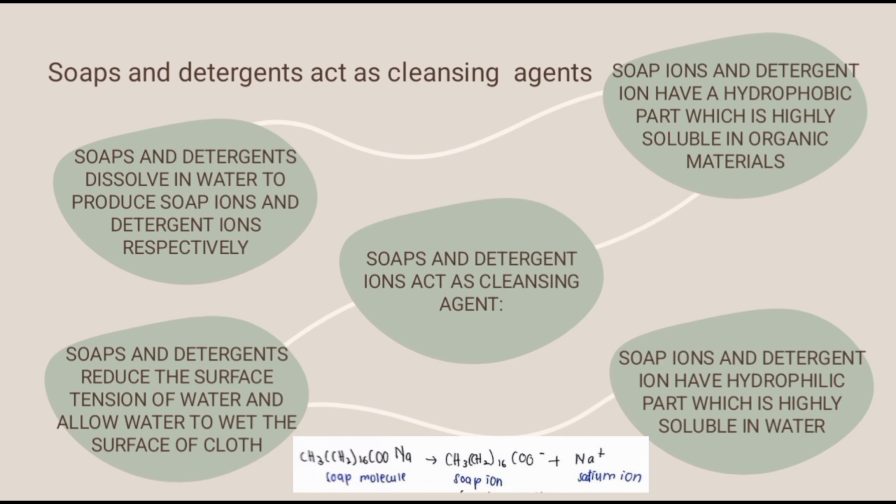Number 3, soap ions and detergent ions have a hydrophobic part, which is highly soluble in organic materials. What is hydrophobic? Hydrophobic is soluble in oil. Lastly, soap ions and detergent ions have a hydrophilic part, which is highly soluble in water. What is hydrophilic? Hydrophilic is soluble in water.